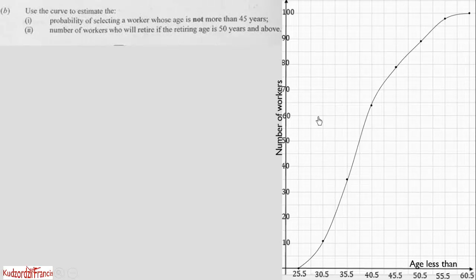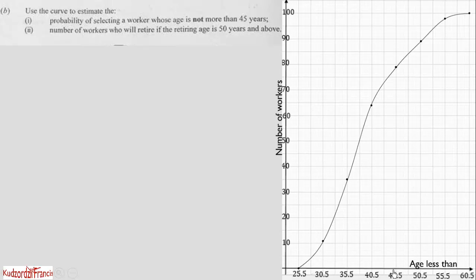So to do that, the first one says the probability of selecting a worker whose age is not more than 45 years. So we need to trace 45. Over here we have 2 centimeters equal to 5 units. So each small division is 0.5. So if this is 50.5, then 50.